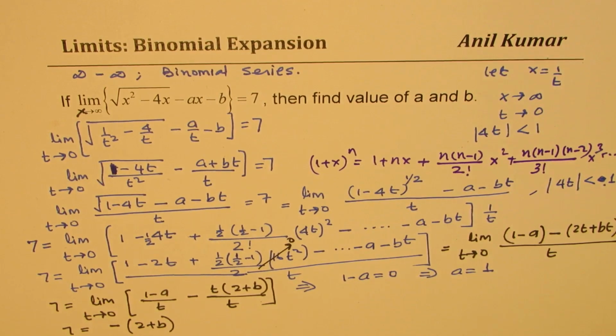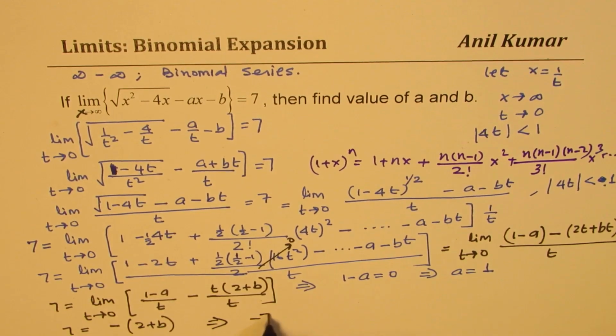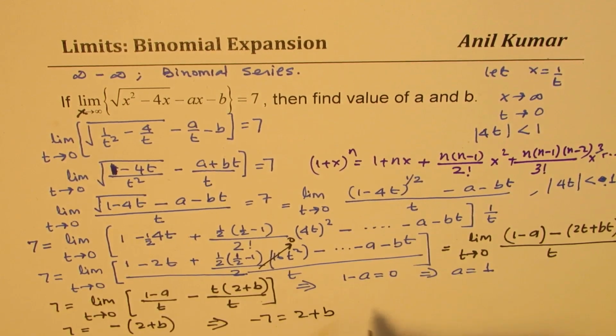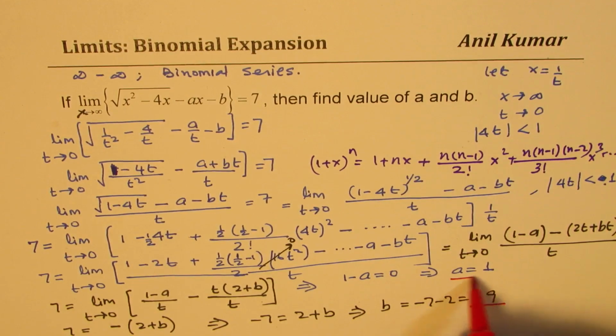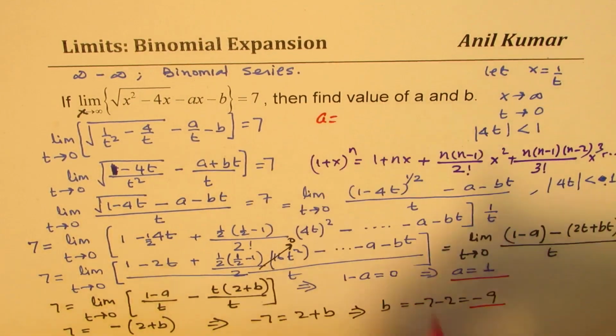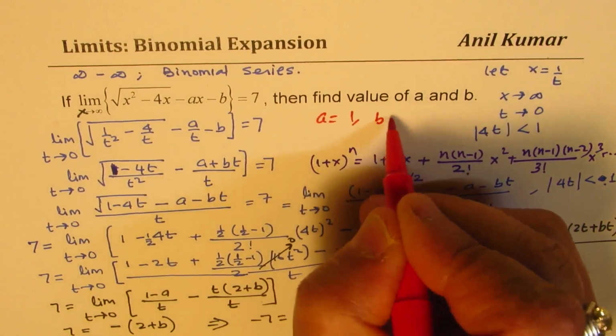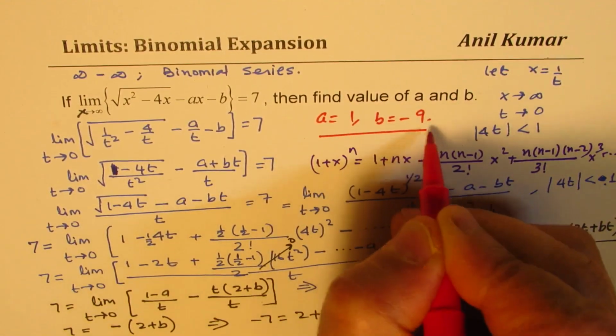So solving this, we get minus 7 equals 2 plus b, or b equals minus 7 minus 2, which is minus 9, right? So we get the value of b as minus 9. Is that clear? So the two values are a equals 1 and b equals minus 9.